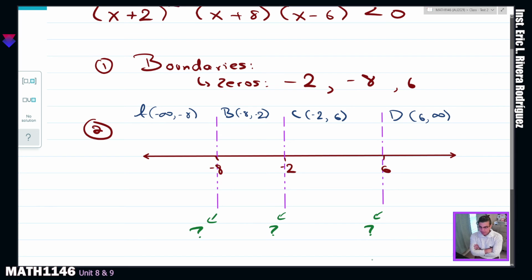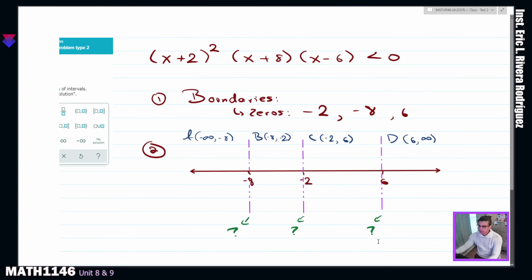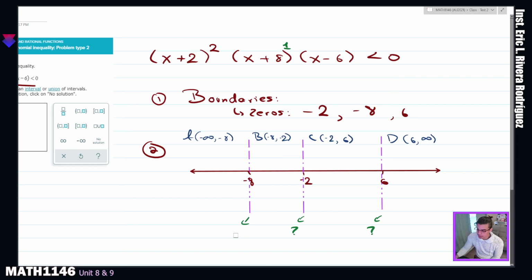At -8, we have crossing behavior. That's correct, because the multiplicity of that factor is 1, so it's odd: cross. At -2, it touches, because the exponent, the multiplicity, is even. And for 6 we have a crossing behavior.